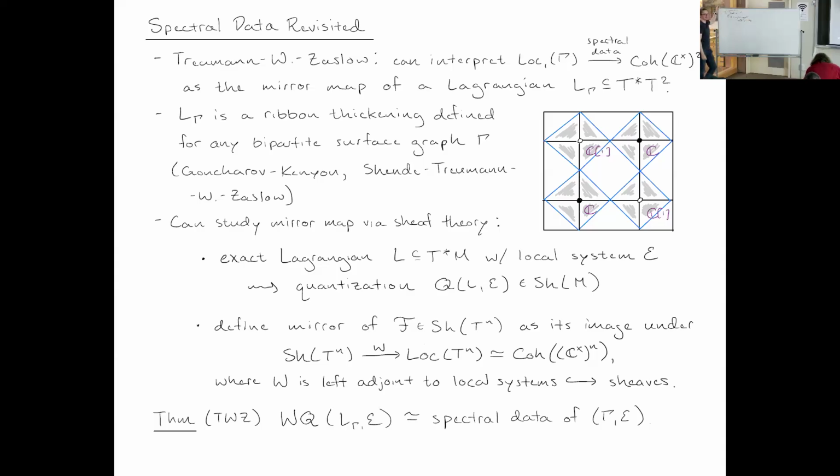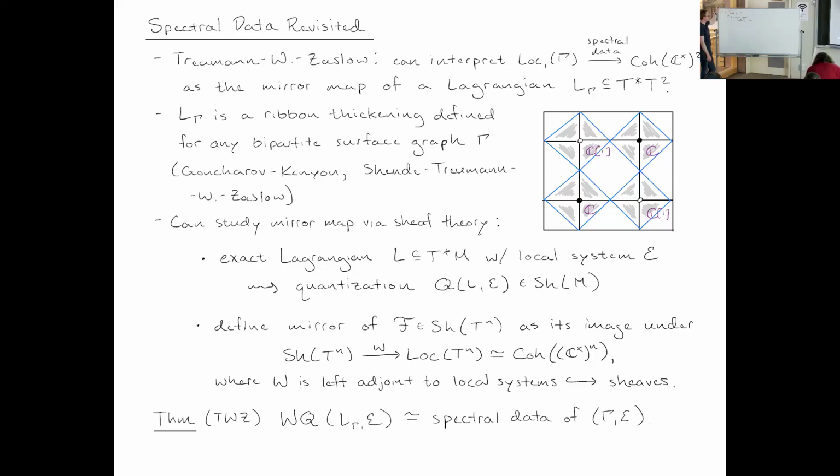This is going to be a subset of the cotangent bundle. And the idea is that the subset of the base where this intersects the zero section is exactly the support of F. And then the non-zero covectors contained in the singular support measure how far F is from being locally free.